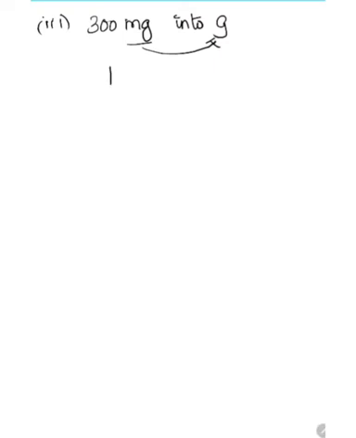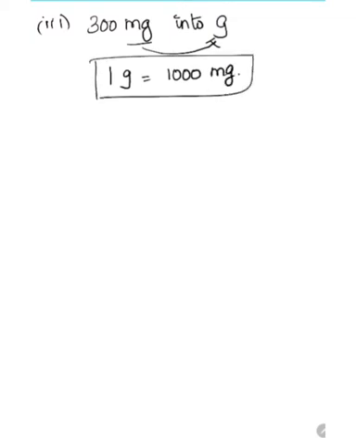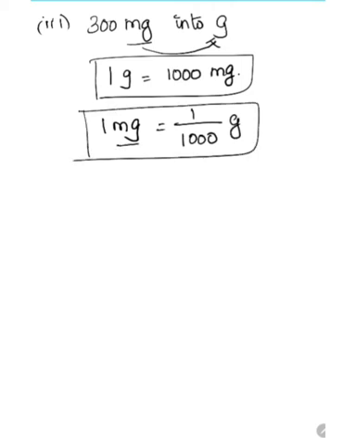We know 1 gram is equal to 1000 milligram, isn't it? Then 1 milligram is nothing but 1 by 1000 gram, because we have to change milligram to gram, not gram to milligram.